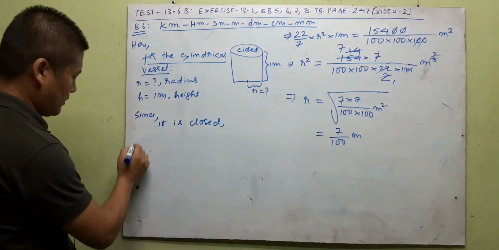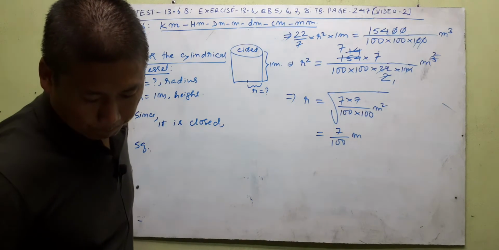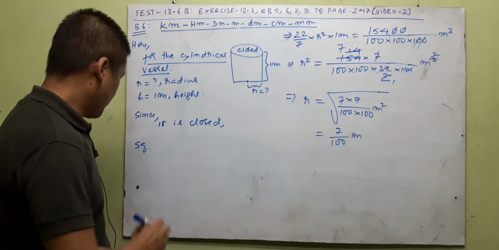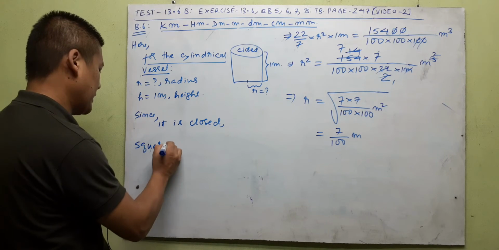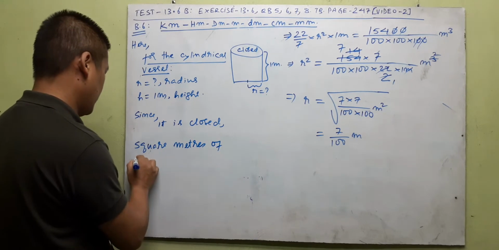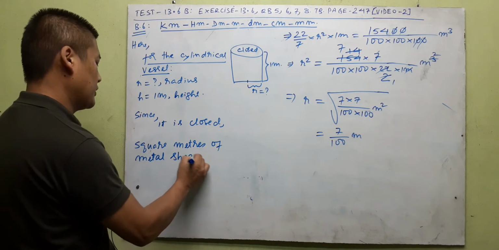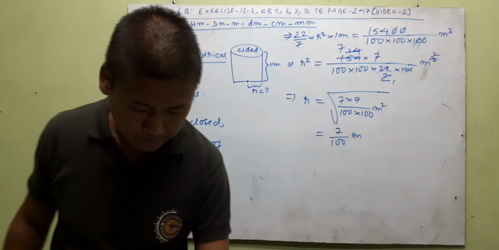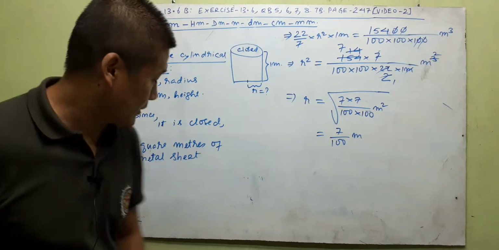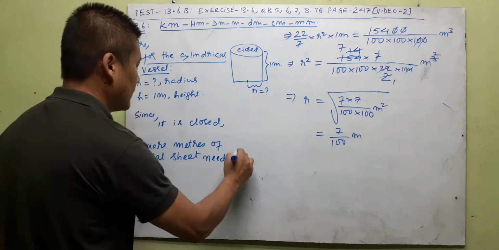Because it is closed, square meters of metal sheet that would be required, needed, to make this cylinder.